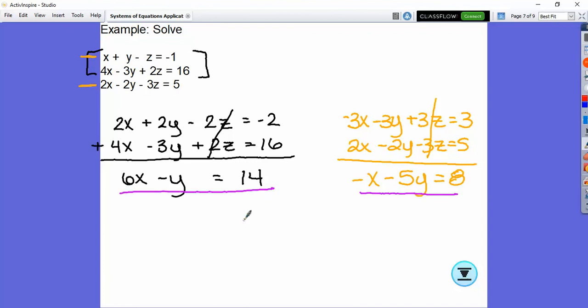So look at where we're at. What do you notice about these? They both have x and y in them. So we could use those 2 equations to eliminate something. What do you want to eliminate? X. So how would I do that? Second one times 6.